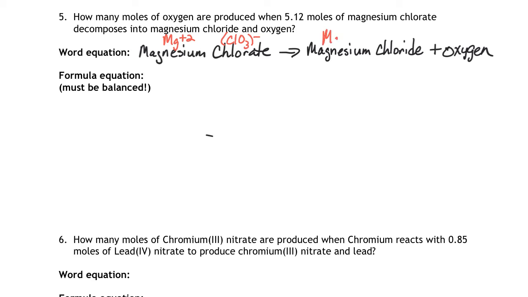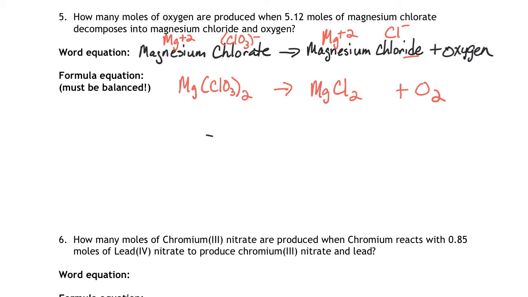Magnesium, positive 2, and chloride, that must be chlorine, with a negative charge, and I've got my oxygen. So the formula will be, and I'll need 2 of those. And I'll need 2 chlorine.